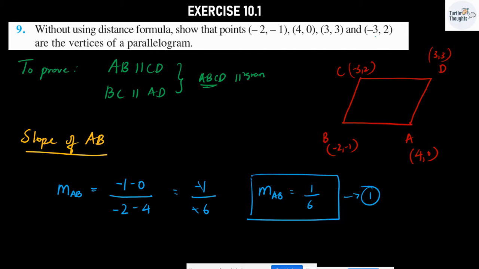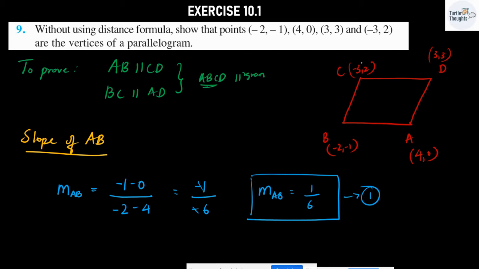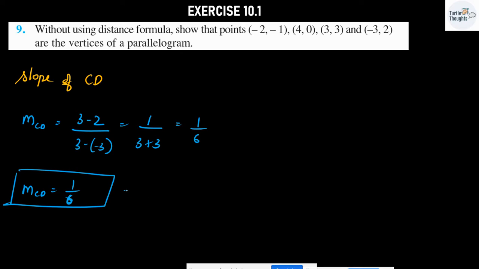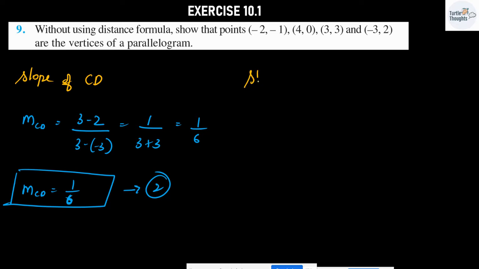C and D. So I can write over here 3 minus 2 divided by 3 minus of minus. So here again I will be getting 1, 3 plus 3. So 1 by 6. So can I tell that here MCD is equal to 1 by 6? Equation number 2.